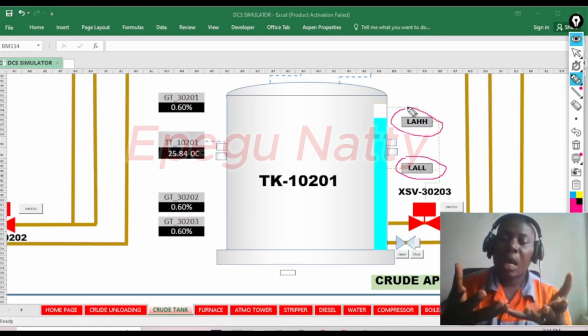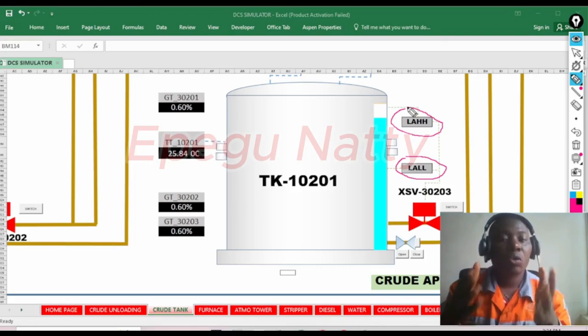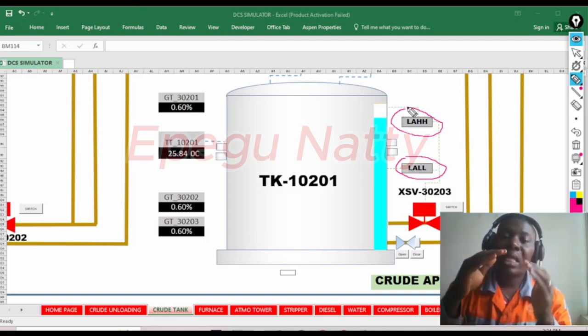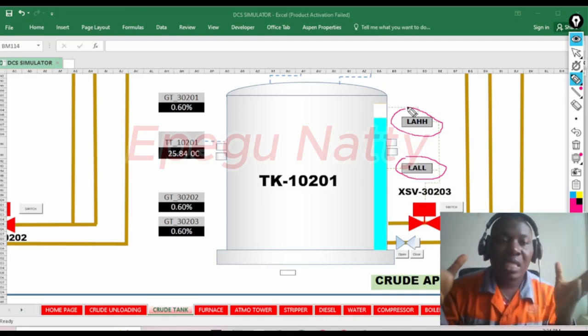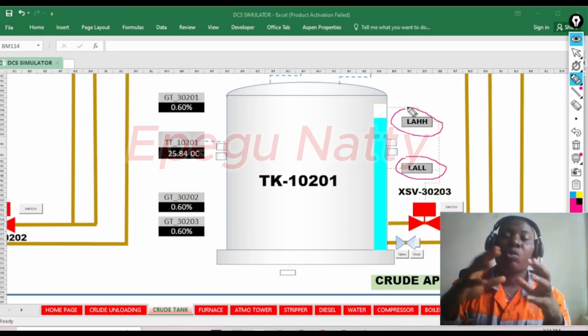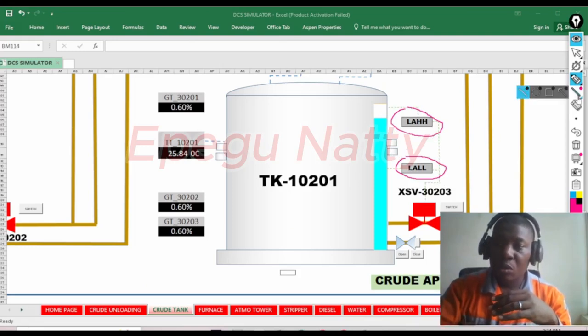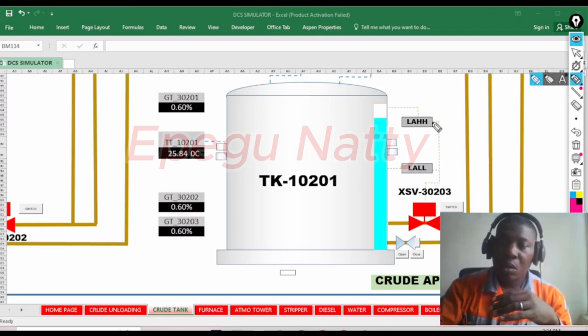After this level, if the control operator is still not doing anything, then we'll get to what we call a trip. The SIS system is going to take over, and then a trip will occur. So if you look at this diagram, you notice that there is a line coming down to the valve.